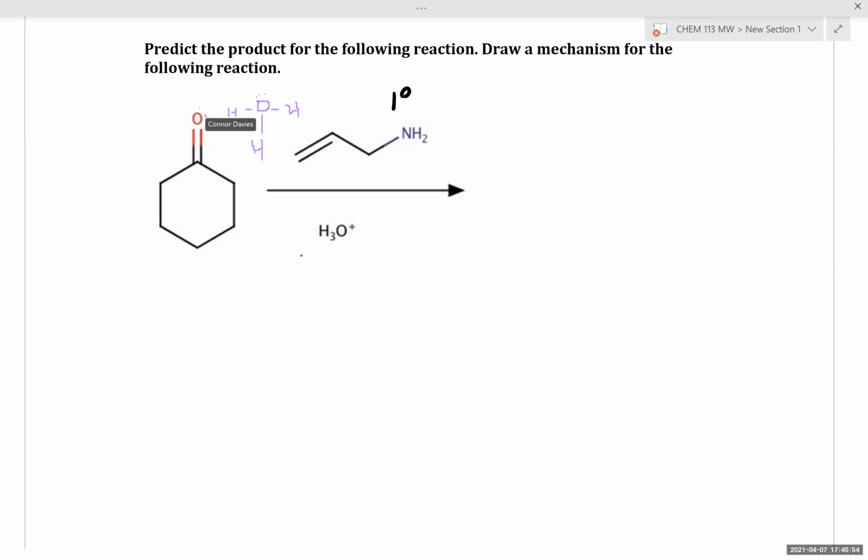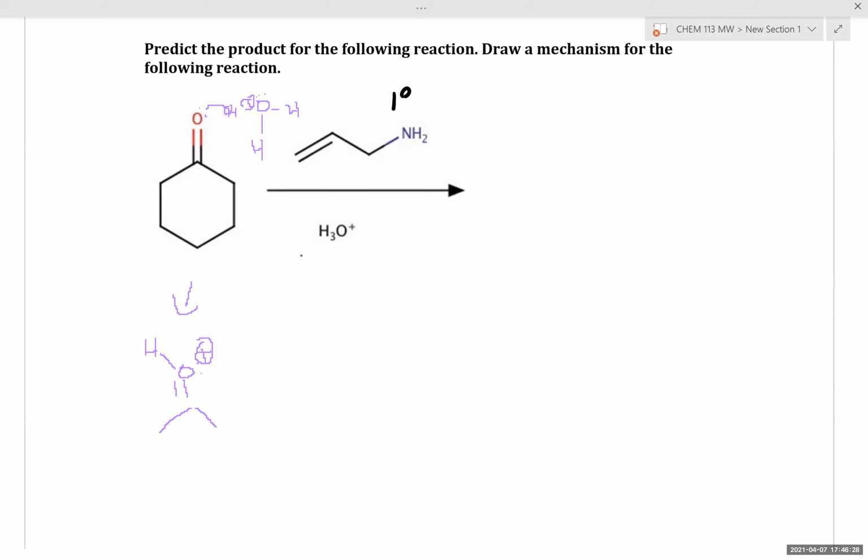So our acid in the first step will protonate our carbonyl oxygen. Perfect. Now that we've protonated our ketone carbonyl, we've now activated our carbonyl for nucleophilic attack.